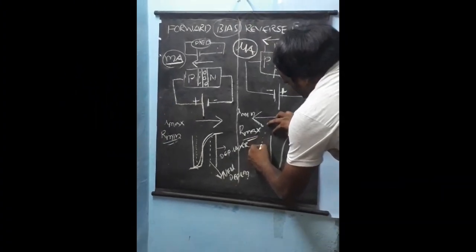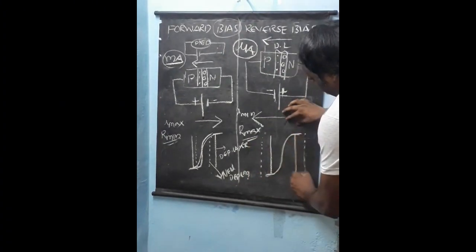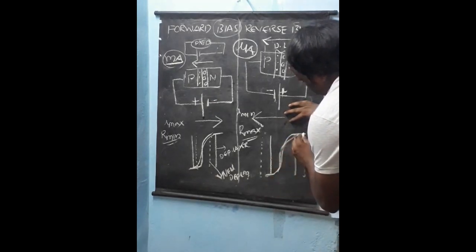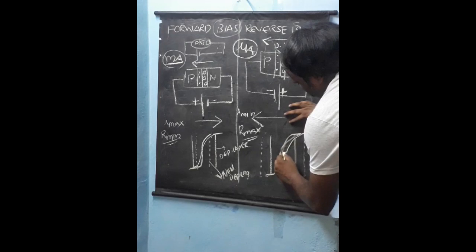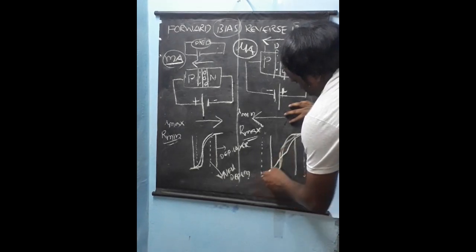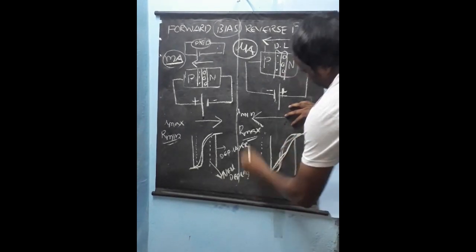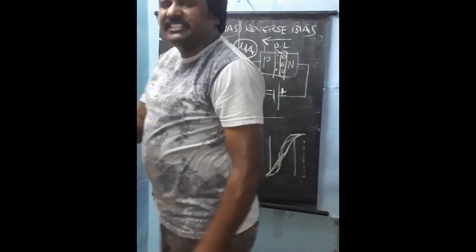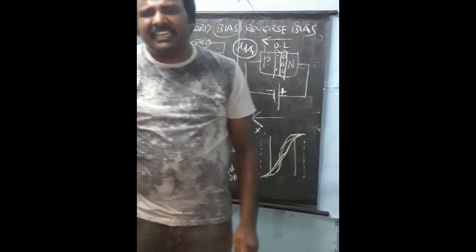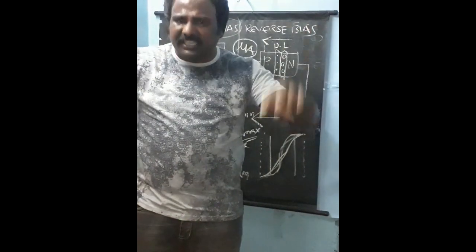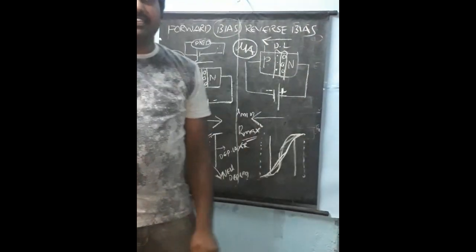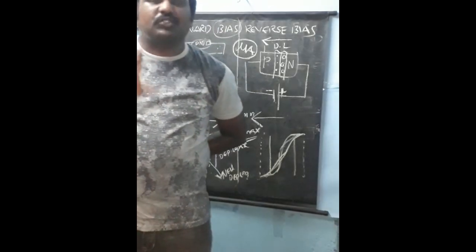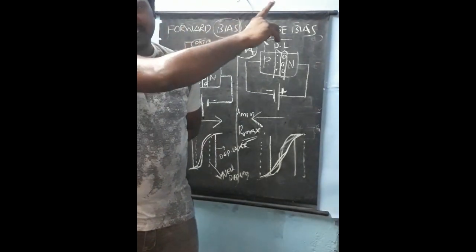So the new potential barrier will be in such a way. So the potential barrier increases. As the potential barrier increases, automatically charge carriers cannot move so easily, and so it leads to less current and more resistance.